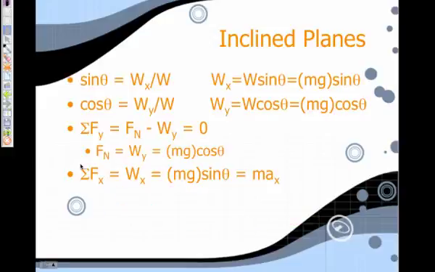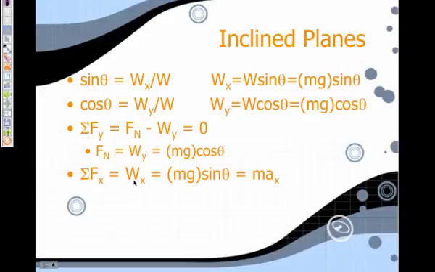So we're going to do a lot of the same sine, cosine equations, but these are specific to the weight and normal force. Now, our F of y, we have the normal force in the y direction. We also have the weight in the y direction, and it's not moving off of the surface, so that is equal to ma, but acceleration is 0, so it equals 0. So we could solve here for the normal force.